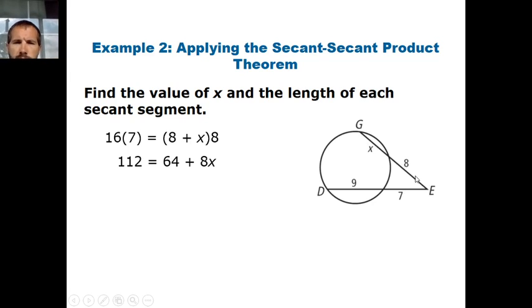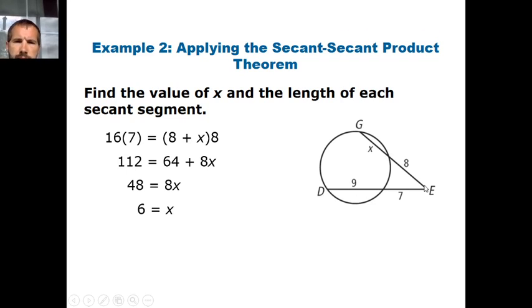Whole times outside equals whole times outside. Then we're going to simplify this. 16 times 7 is 112. 8 we're going to distribute in, we get 64 plus 8x. Subtract 64 from both sides, we get 48 equals 8x, and then divide both sides by 8, and you get x is 6. They want the length of each secant segment.